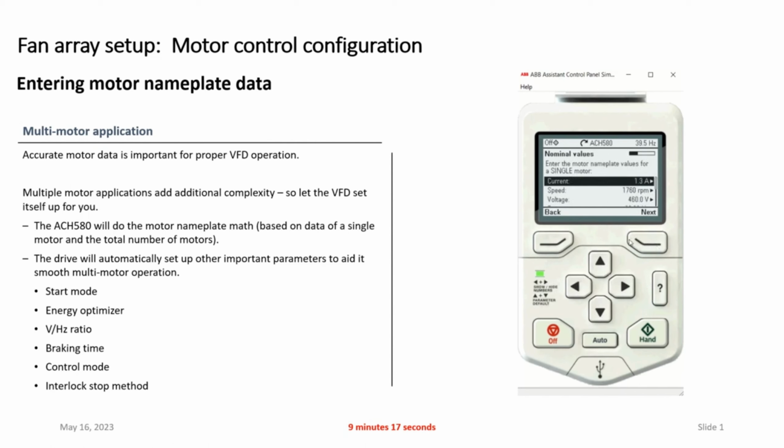Now what I'm going to do is enter the nameplate values for the single motor. So what is one motor's rating? I'm just playing on my little demo case here, so it's a small drive. So just for fun, we're going to say it is a 1/2 amp motor. So both of my motors are each 1/2 amp. I can go ahead and enter the speed of the motor, the voltage.